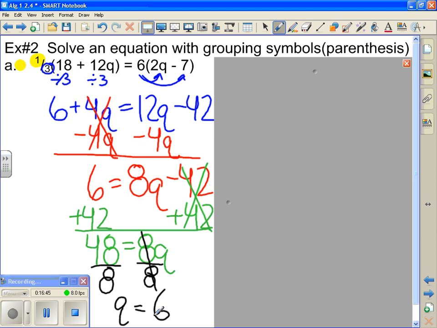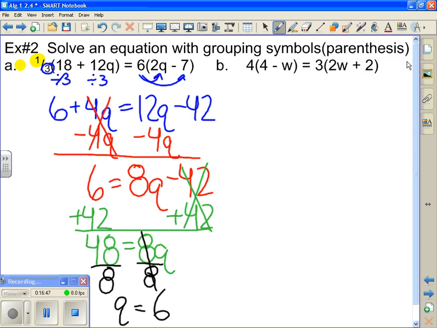All right, let's take a look at B, which is the problem that you're going to do. I even took the fractions out.